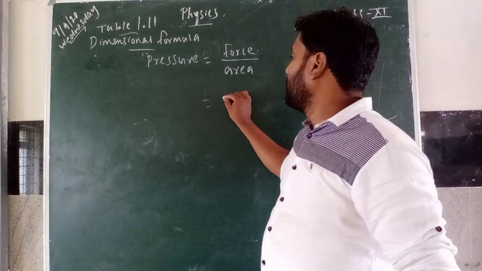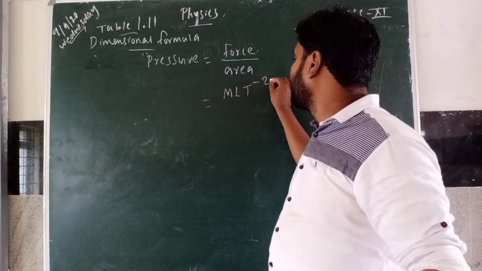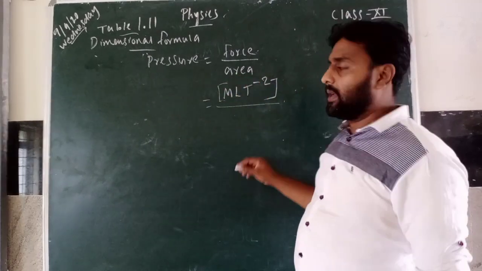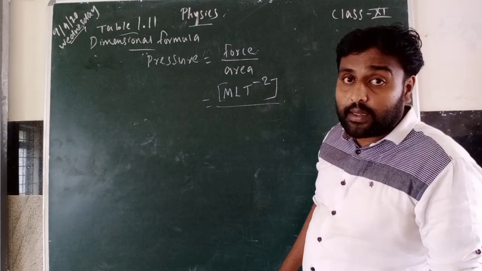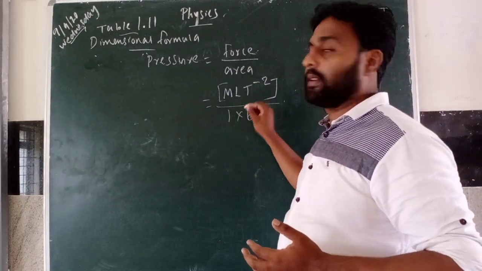So M L T power minus 2. Area means what? Area means length into breadth.